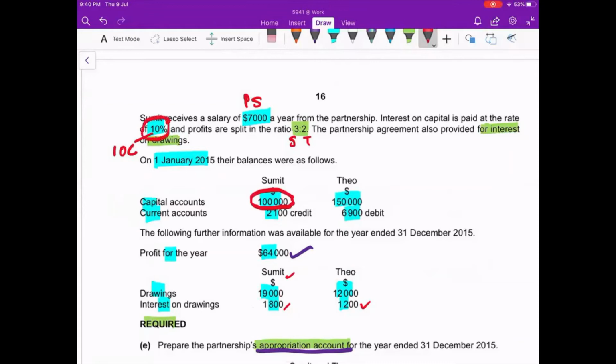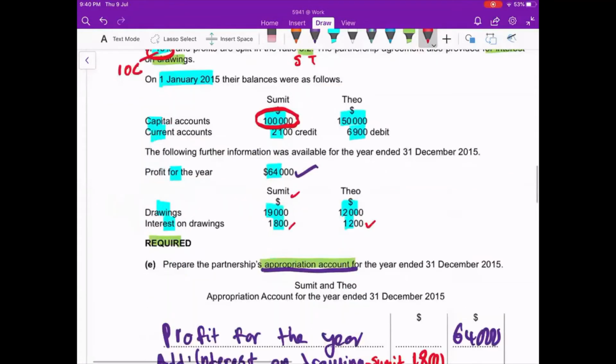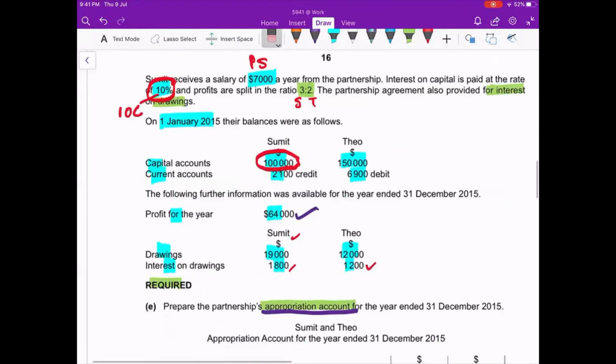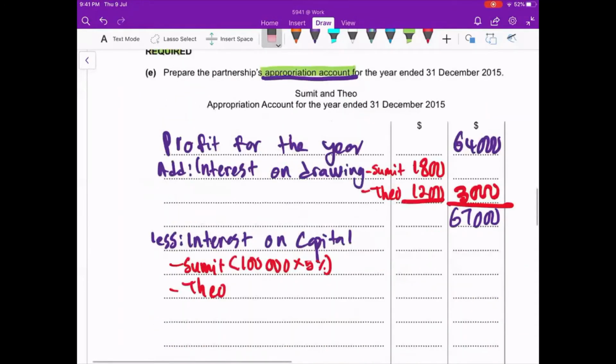IOC is 10%. So I go here, I write, open bracket, show the calculation. Always show the calculation. 100,000 times with 10%, it's supposed to be 10%, not 5%. I will get 10,000.